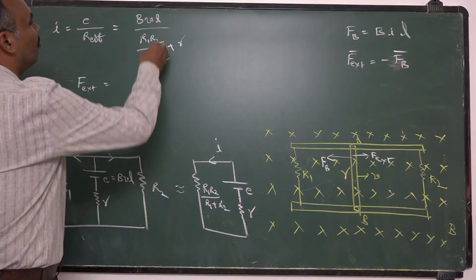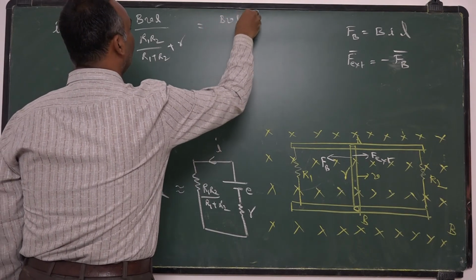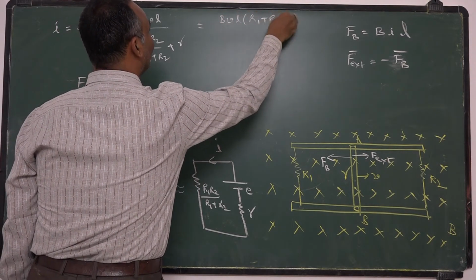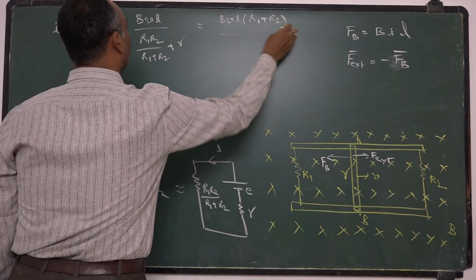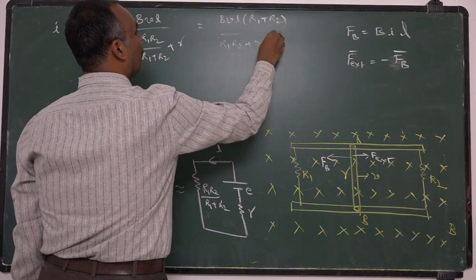If you simplify this, BVL into R1 plus R2, this LCM will go to the numerator. In the denominator, R1 R2 plus small r into R1 plus R2.